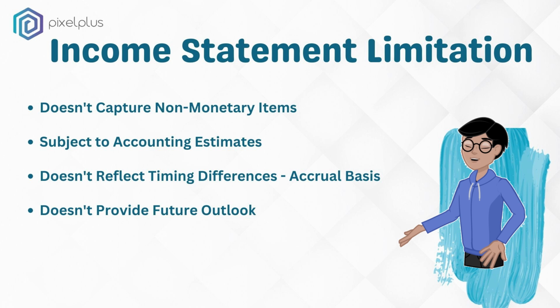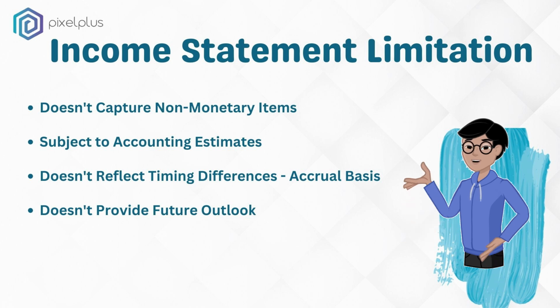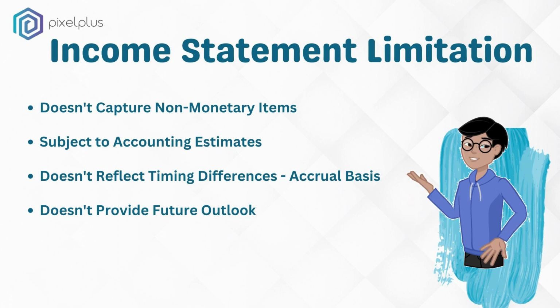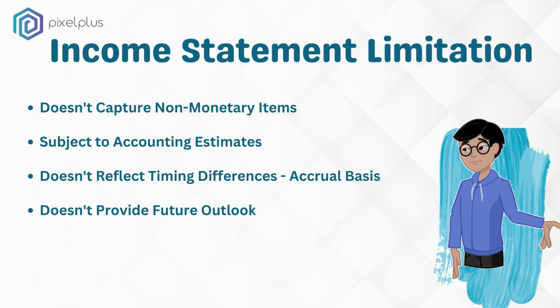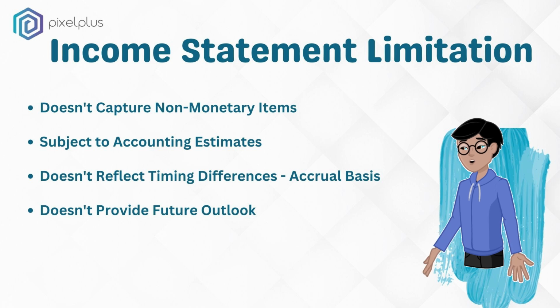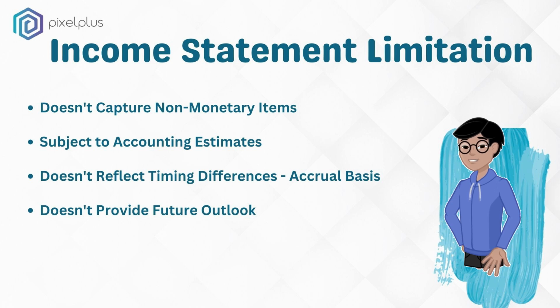The second limitation is that it is subject to accounting estimates. Many figures reported in the income statement are based on accounting estimates, which can introduce subjectivity and potential bias. Estimates are used in areas such as depreciation, bad debt provisions, inventory obsolescence, and warranty liabilities.